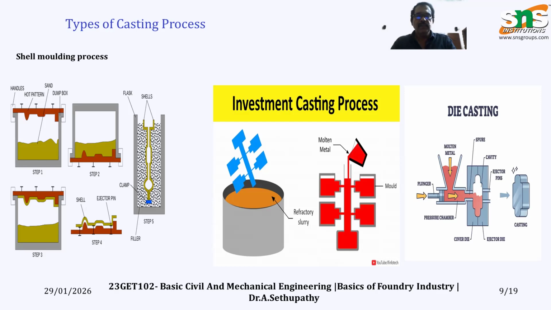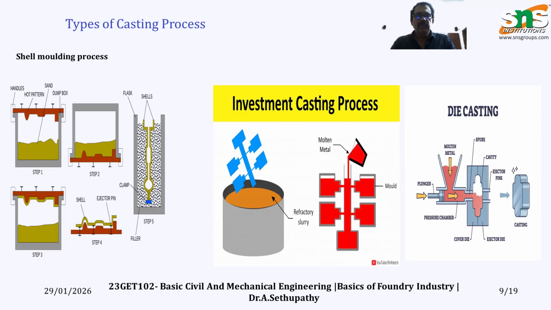The pattern is placed on the top side, and this box can be rotated by 360 degrees or 180 degrees. The pattern is connected with a heater, which heats the pattern, including the projections provided on it.